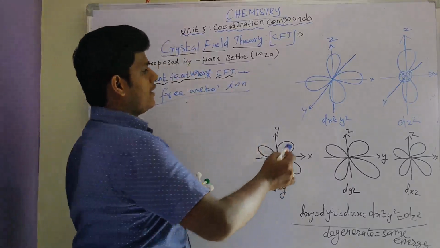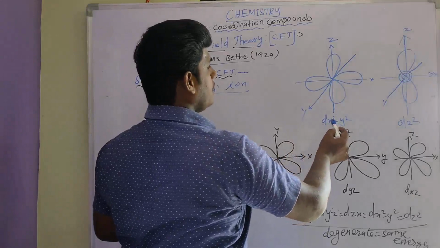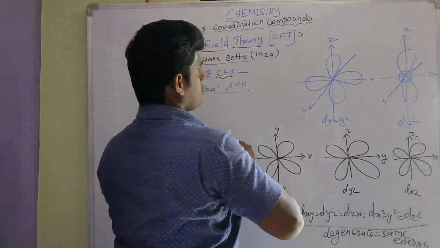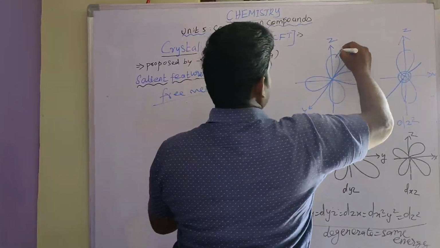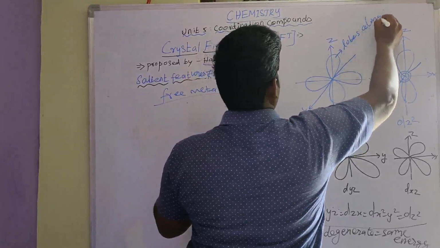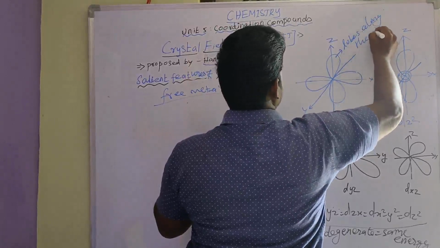Now the dx square minus y square and dz square orbitals have their lobes along the axis.